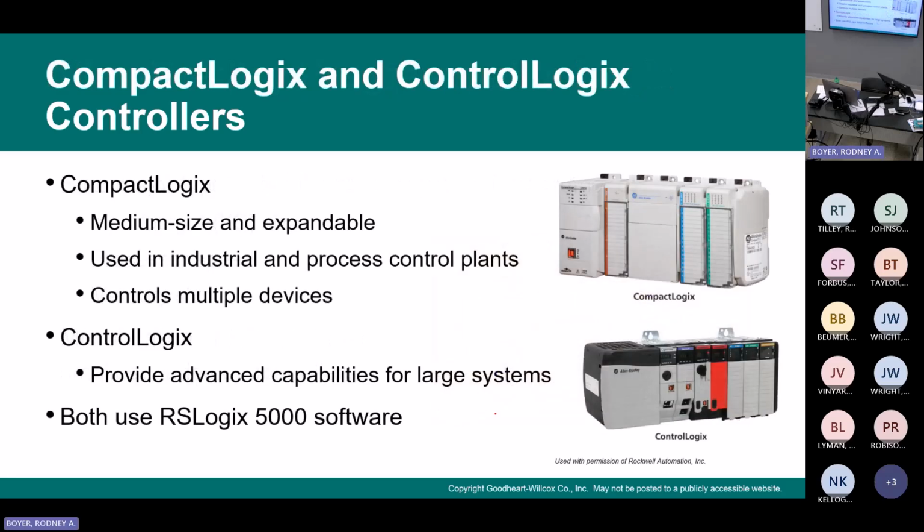CompactLogix, medium size and expandable. And then ControlLogix provides advanced capabilities for large systems. You can control an entire wastewater treatment facility with one ControlLogix controller if you have the proper I/O.